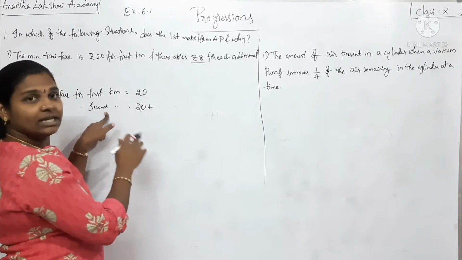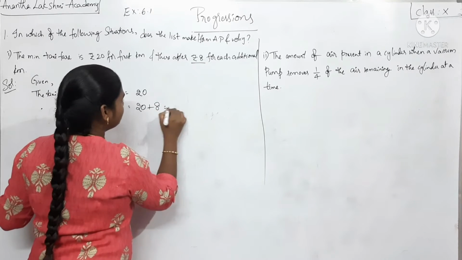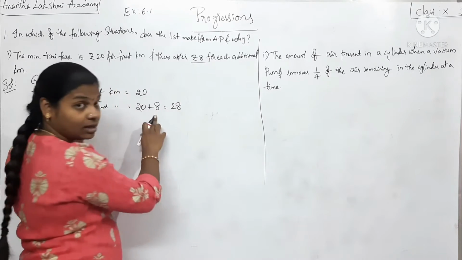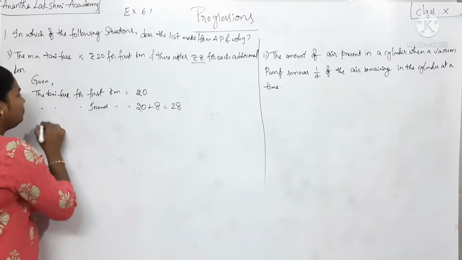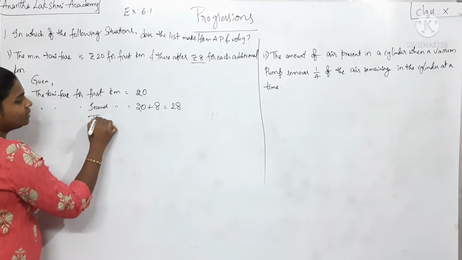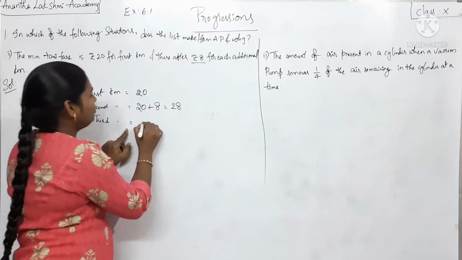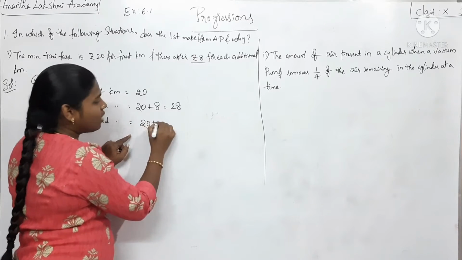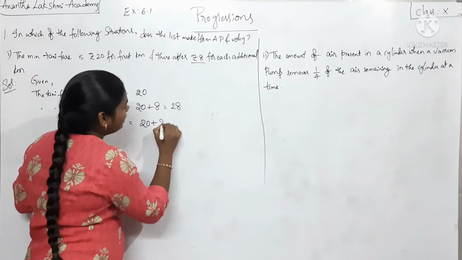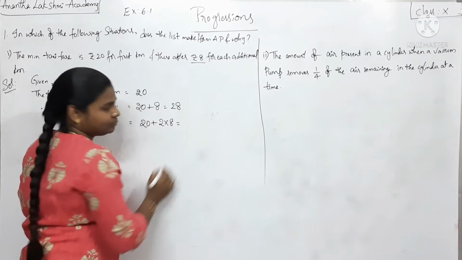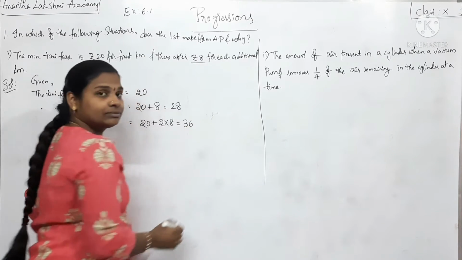For the second kilometer, it is the first kilometer fare plus 8, the additional charge, which is nothing but 28. Thereafter, the taxi fare for the third kilometer, how much will it be? 20 for the first kilometer. Now how many kilometers are we traveling extra other than the first kilometer? It's nothing but 2 into 8. 2 8s are 16 plus 20 is 36.